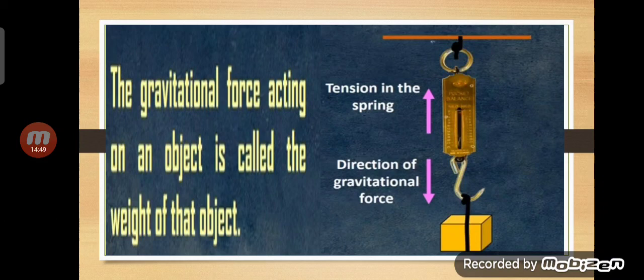At the same time, the force of tension in the spring constantly pulls the object upwards. When the tension in the spring and the gravitational force on the object become equal, the object comes to rest. From this, children, we can say that the gravitational force acting on an object is called the weight of that object.